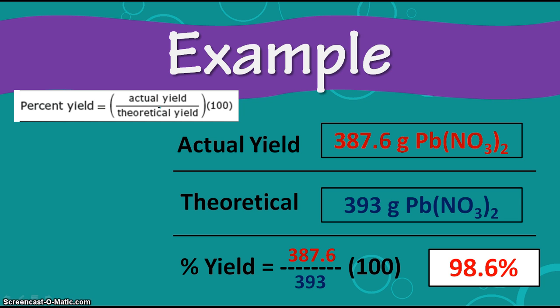All reactant was effectively used to produce 100% of the desired product. In this case, only 98.6% of what should have been produced was actually produced. So not too bad. Obviously, a lower percentage would mean we're not getting maximum yield. We're not producing as much as we should.